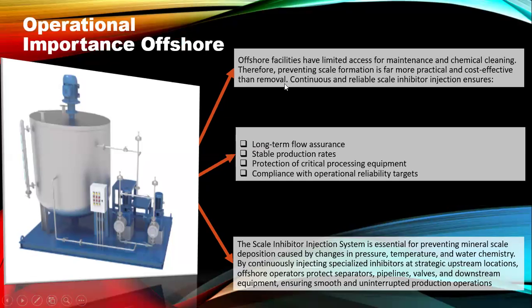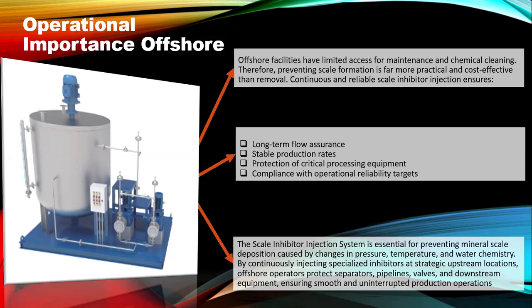Okay, in terms of operation, offshore facilities have limited access to maintenance and cleaning. Therefore, preventing scale formation is far more practical and cost-effective than removing it. Continuous and reliable scale inhibitor injection ensures long-term flow assurance, stable production rates, protection of critical processing equipment, and compliance with operational reliability.